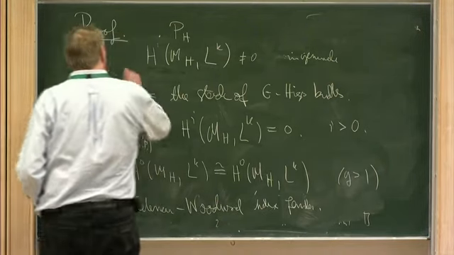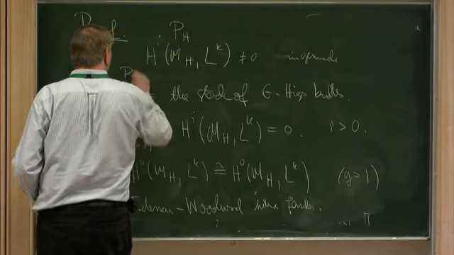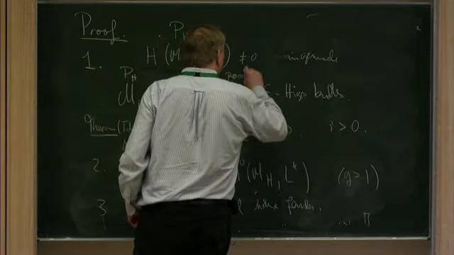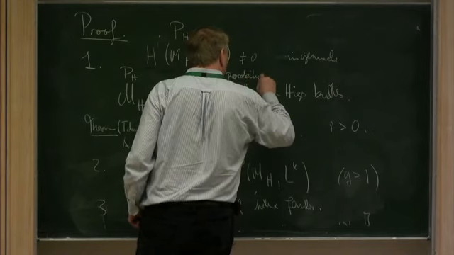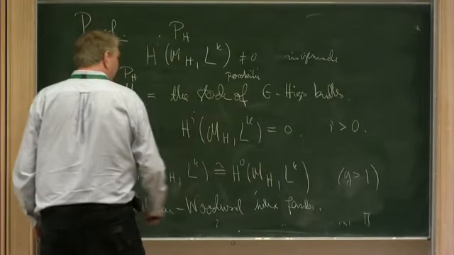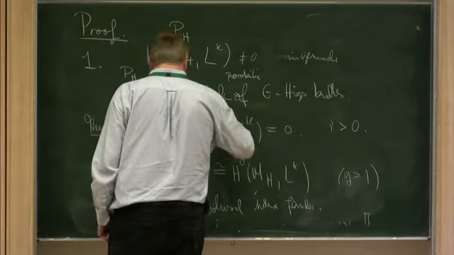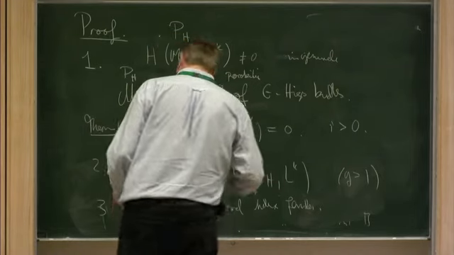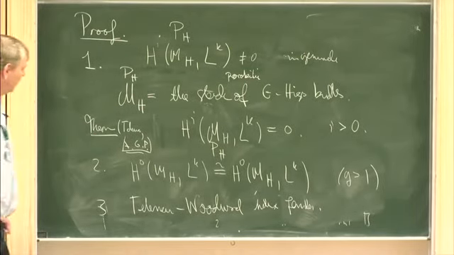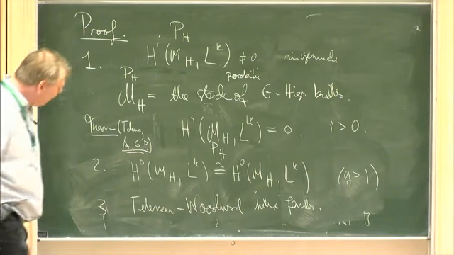So you put pH here. Here you do the stack of parabolic G Higgs bundles. In that case, Tillerman didn't consider this, but we considered it, and the same arguments can be applied, and you get the vanishing over the stack.